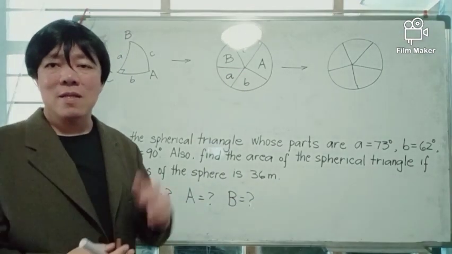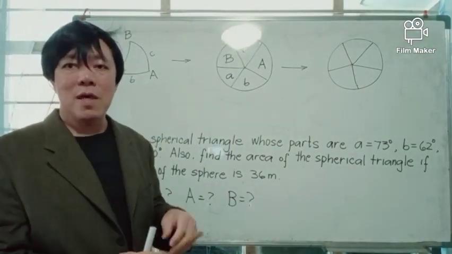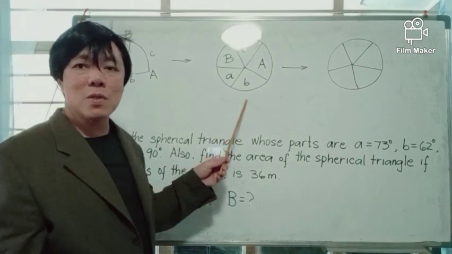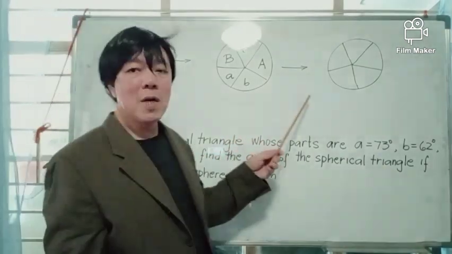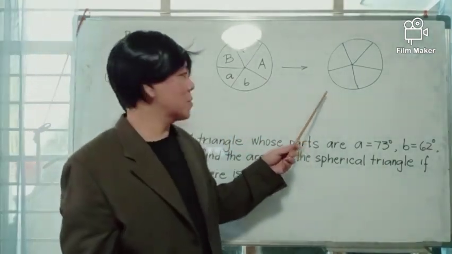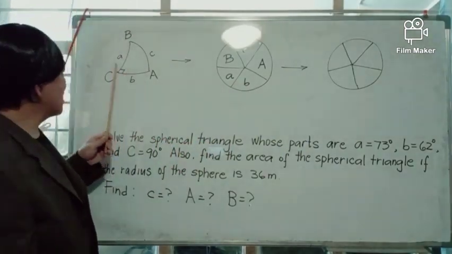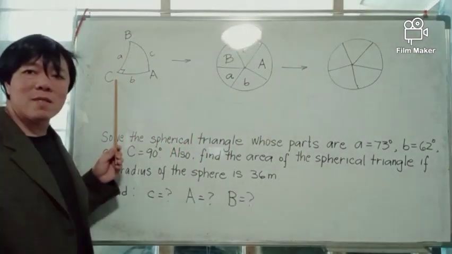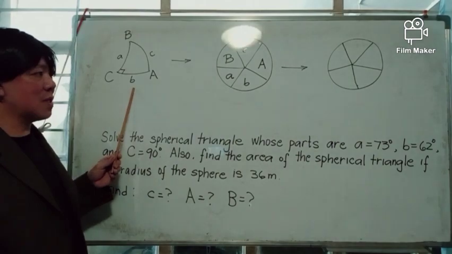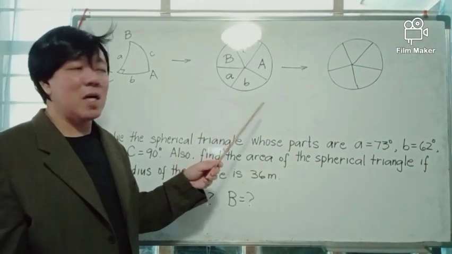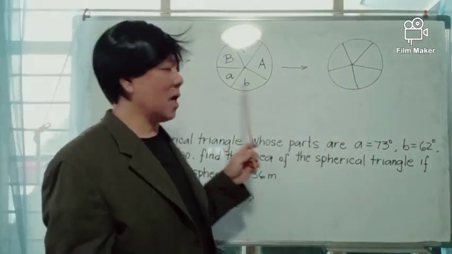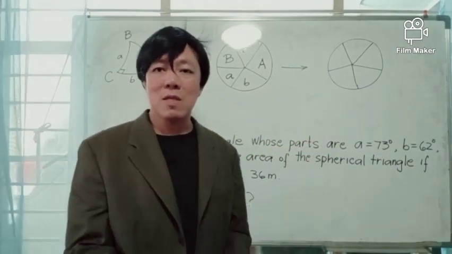But again, this is not the mnemonic device that we will use to write the equations using Napier's rules. The parts that make up the right angle C are small a and small b. And we retain these 2 parts in the mnemonic device. We write a and b in the mnemonic device as is.